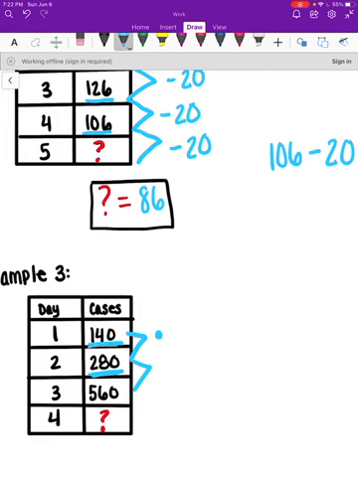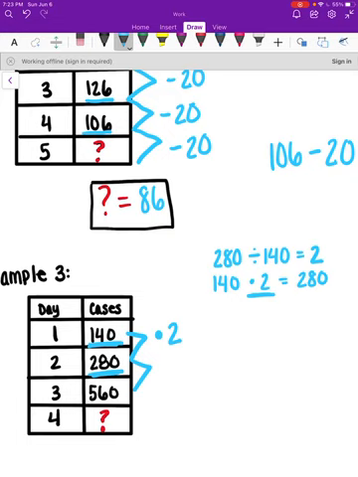So I'm going to divide it by 140 to get that pattern. So 280 divided by 140. You can do it in your calculator. It equals 2. So what that means is 140 times 2 equals 280. So this is my pattern.